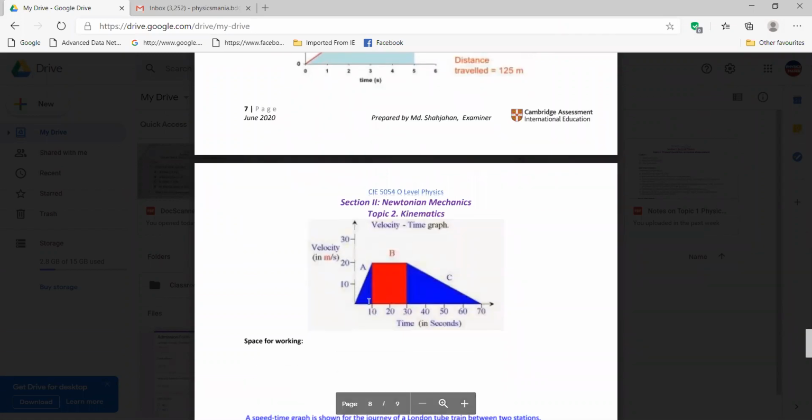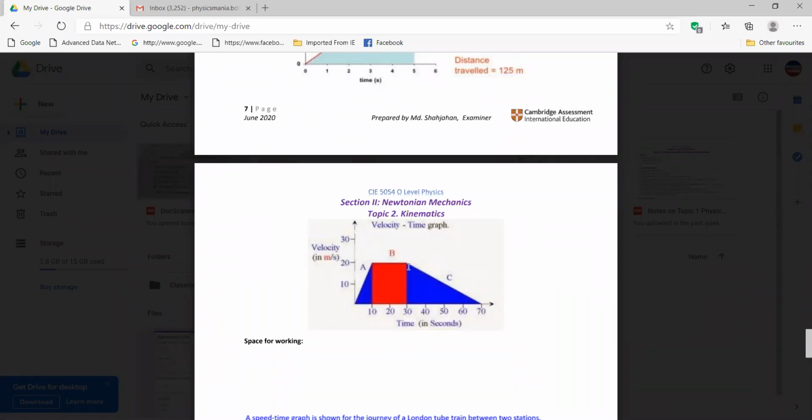And this one, here we have a triangle for the acceleration part, right? Constant acceleration part A. Then we have constant speed or constant velocity part B, right? The red one. Can you see? Yes. Then the third part, part C, that is constant deceleration.